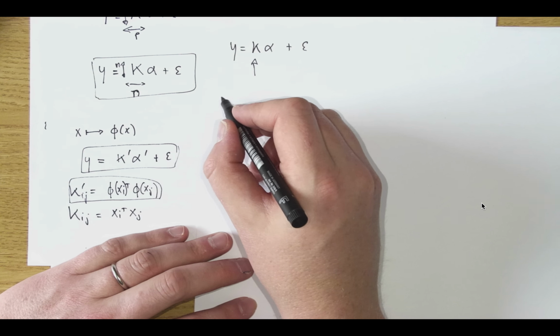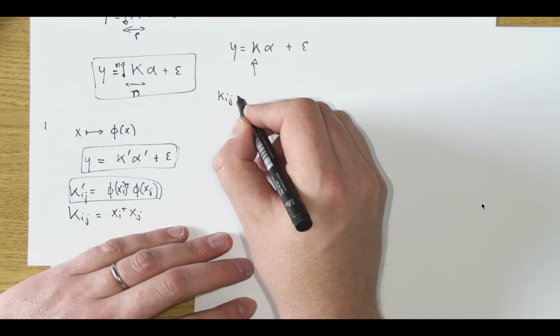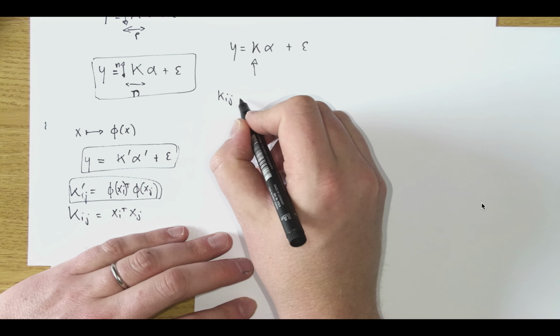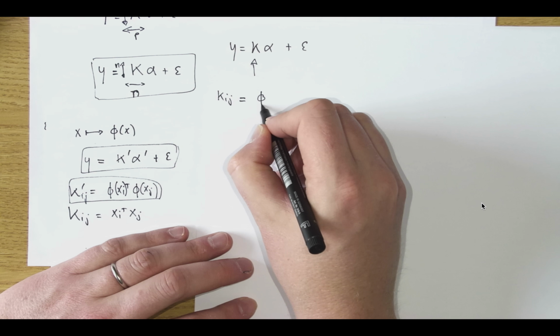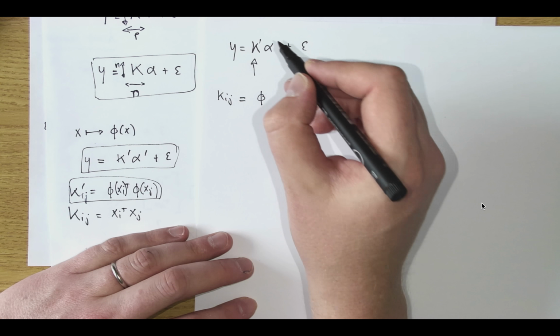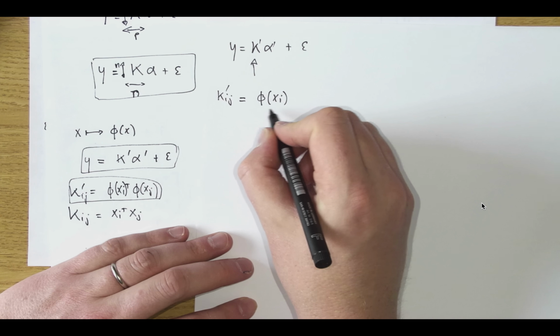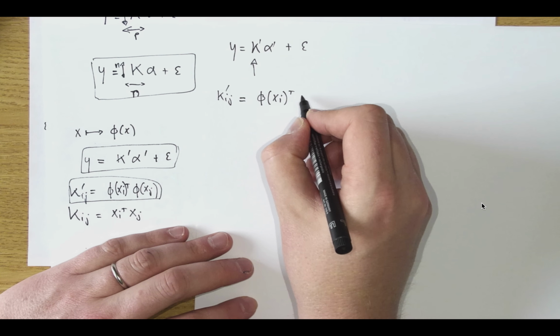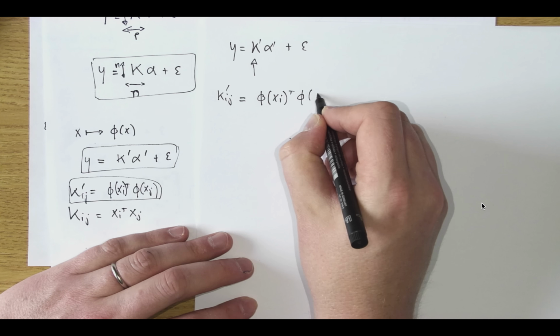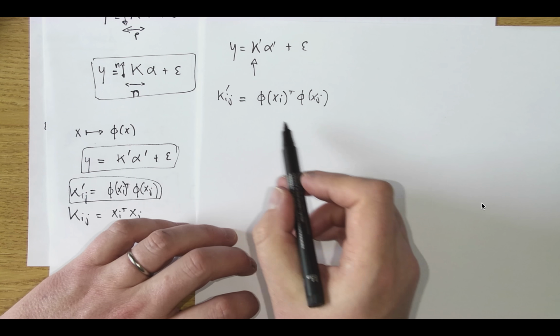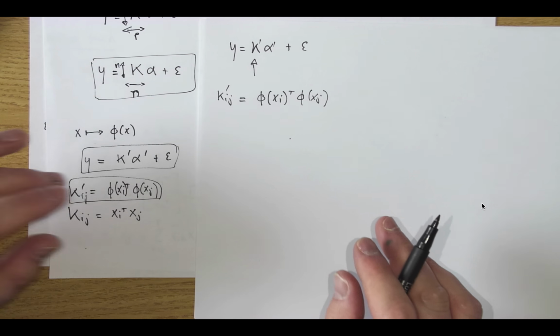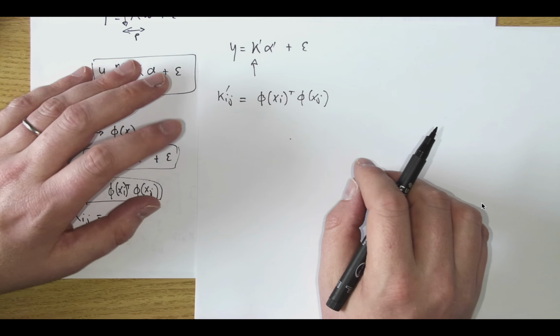So the entries for that kernel matrix, we said were, let's use the prime notation, phi of xi transpose phi of xj, so the scalar product between these mapped feature vectors.